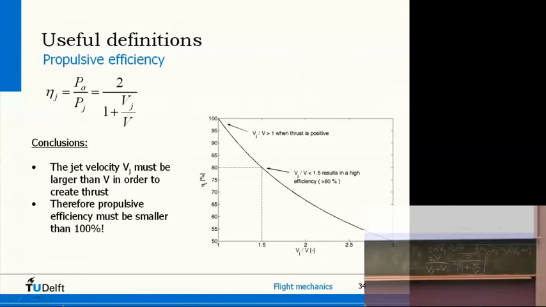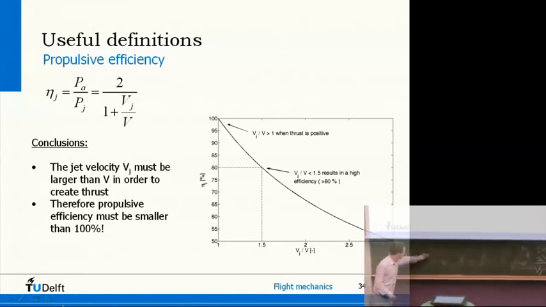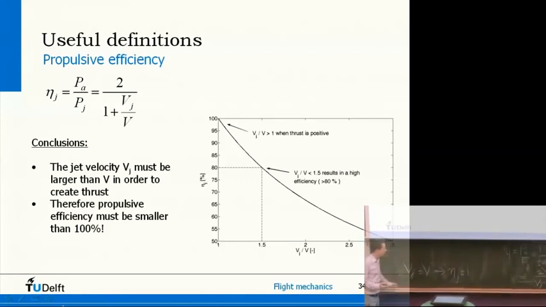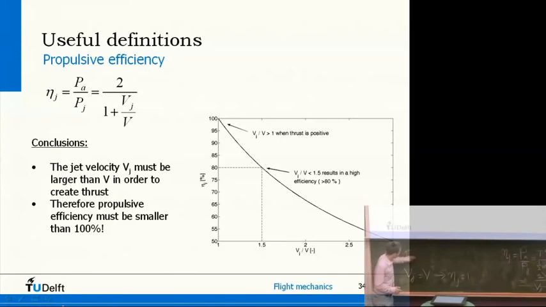Now, if you take that equation, then if Vj is equal to V, you would find that propulsive efficiency is 1, which is 100%, which is good. But, of course, thrust is basically mass flow times the change in velocity.